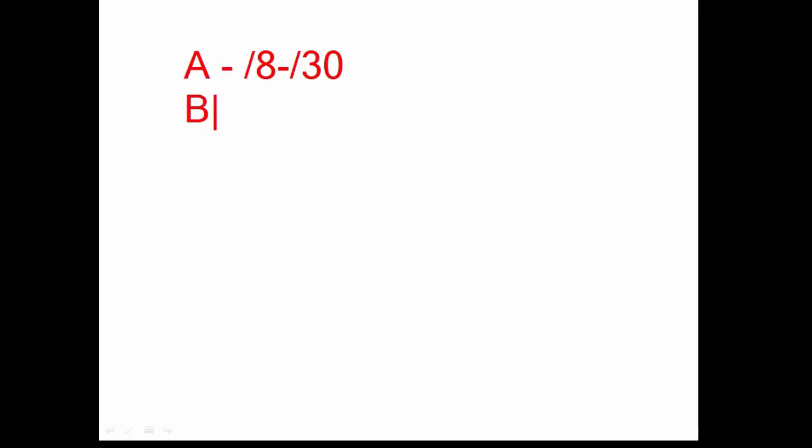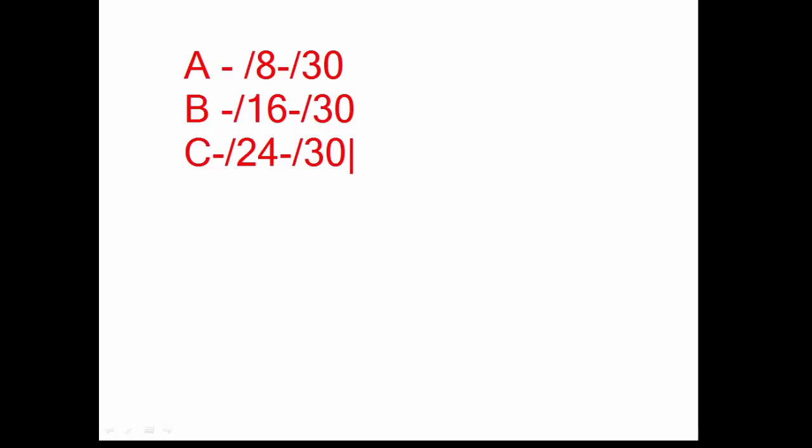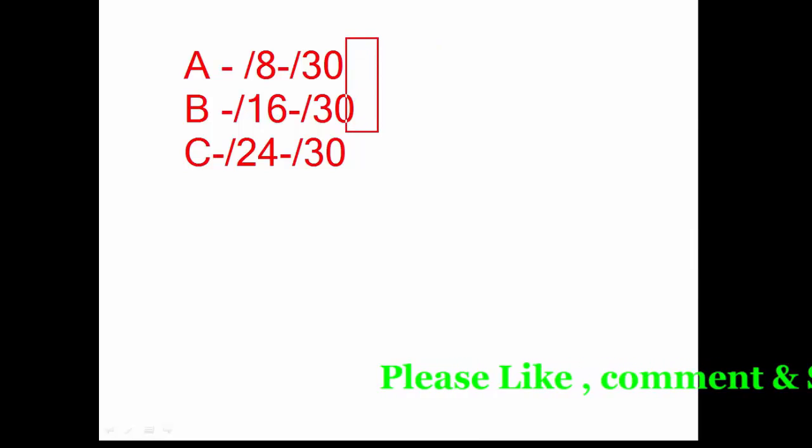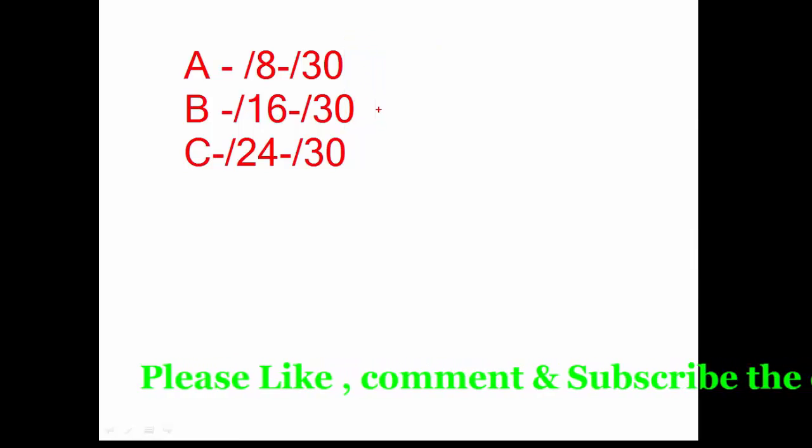For B class, it can be /16 because the default subnet mask for B class is 255.255.0.0, and it can also go up to /30. And for C class, /24 to /30. This is the CIDR representation of a subnet mask.